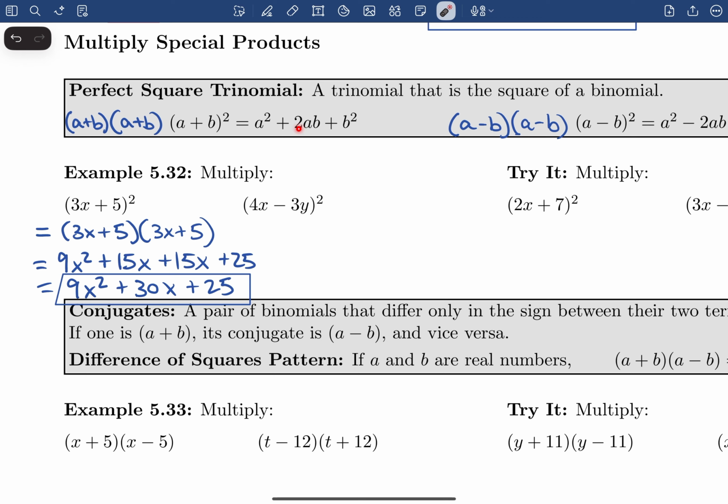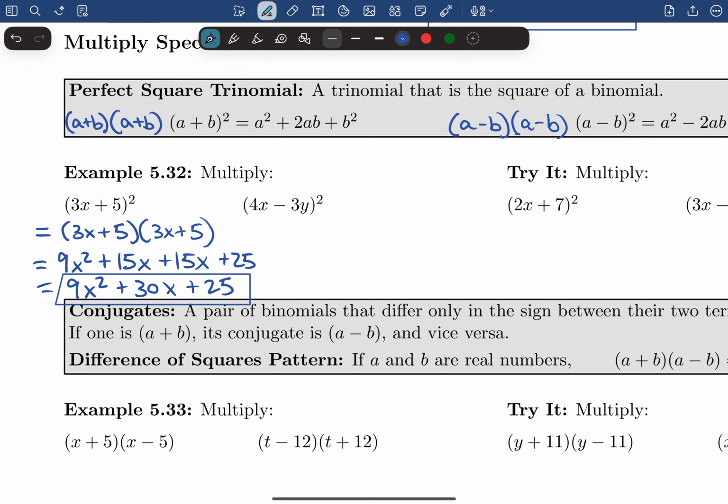But then multiply that by 2, because there are two of them, and we get the 30x. And then 5 times 5 is b squared. If b is 5, square that. 5 times 5 is 25. So you could think of it by FOILing, which I did here, or you could think of it by using this pattern. Either way.